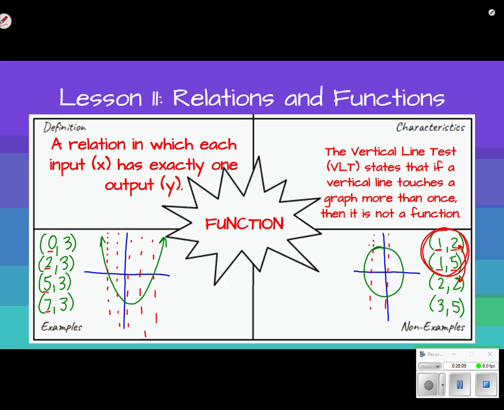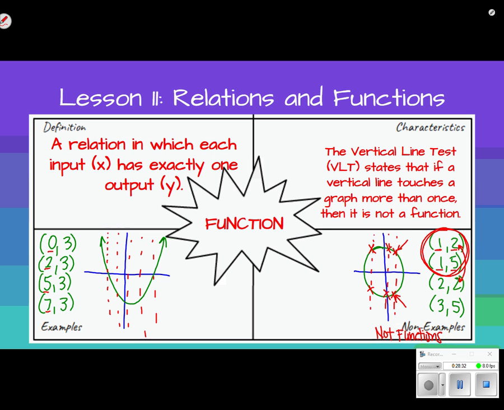Look at that. It's crossing 2 times. 2 times. There it happens again. 2 times. Not a function. So these are not functions. Each x can have only one y. This x and this x are the same x, they have different y's. And that's not going to work.